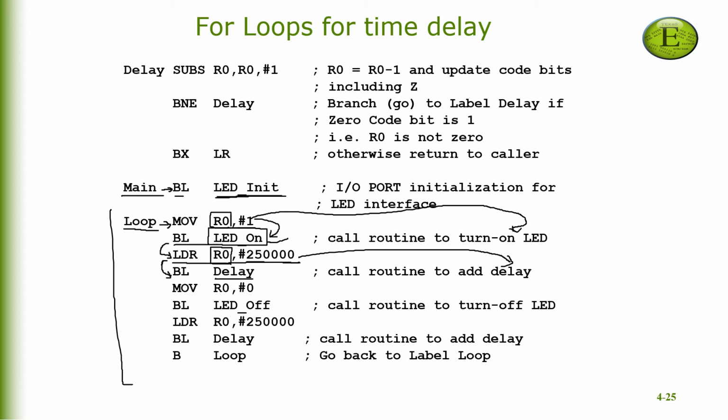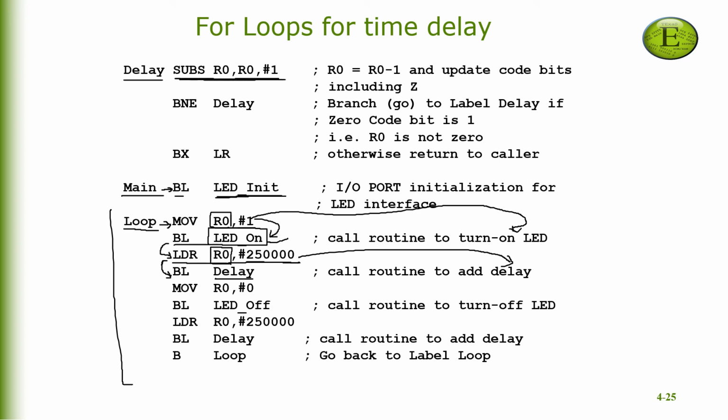Now let's look at the routine delay. The routine delay subtracts, in fact it decrements, the value of register R0. And as long as the value is higher than 0, we keep on executing this instruction.